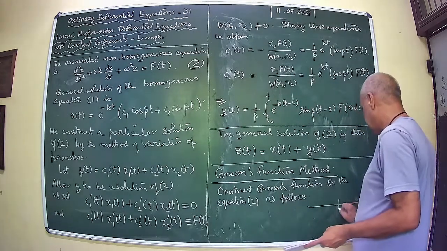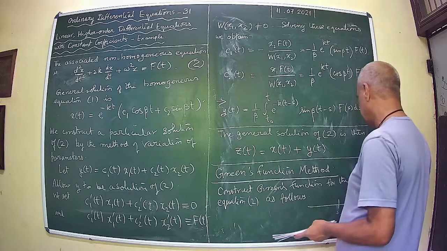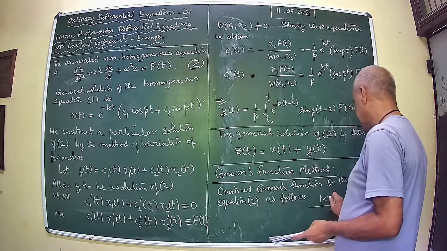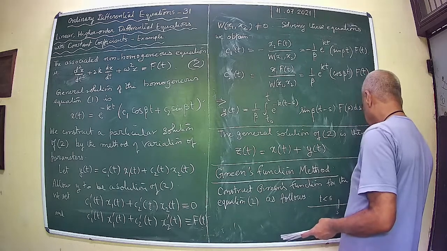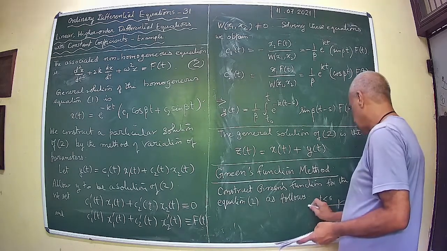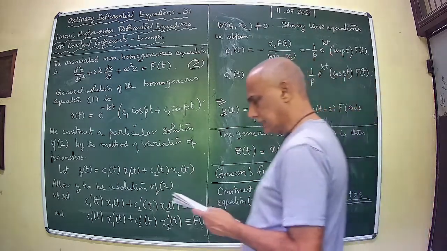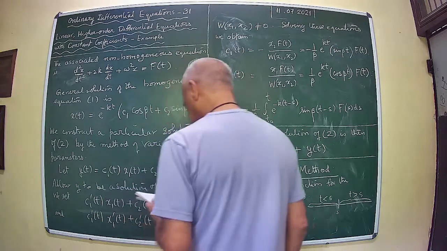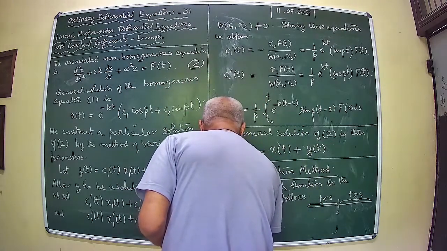Now you see, suppose s is something, then this is t less than s, t greater than s. This is t. So let us calculate this. So we know that this is k(s,t).